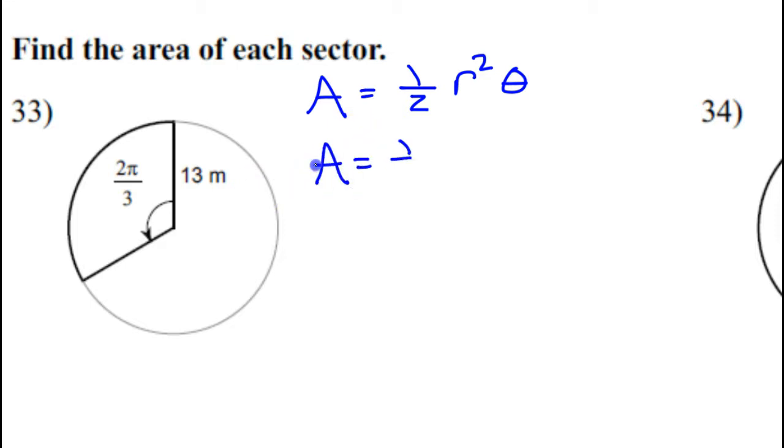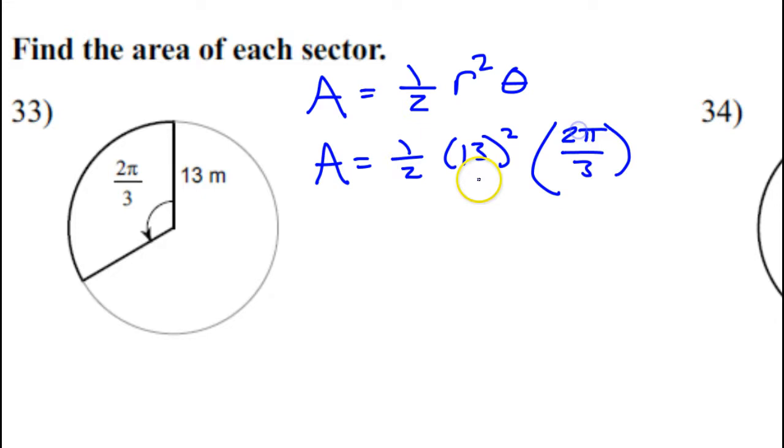So let's go ahead. The area is 1/2. The radius is 13, so that's going to be 13 squared times 2 pi over 3. Now, if you're a little bit clever about it, you can save yourself some time simplifying later.